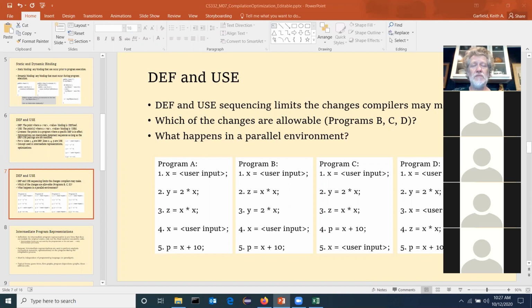And you may not actually be able to definitively say what the value is for a particular variable or in a particular memory location. And it's the job of the compiler to be as aggressive as possible to get efficiency without creating these opportunities. But it's not a bad idea for you to be aware that these opportunities exist, particularly when you get into working in networked and parallel and distributed systems.